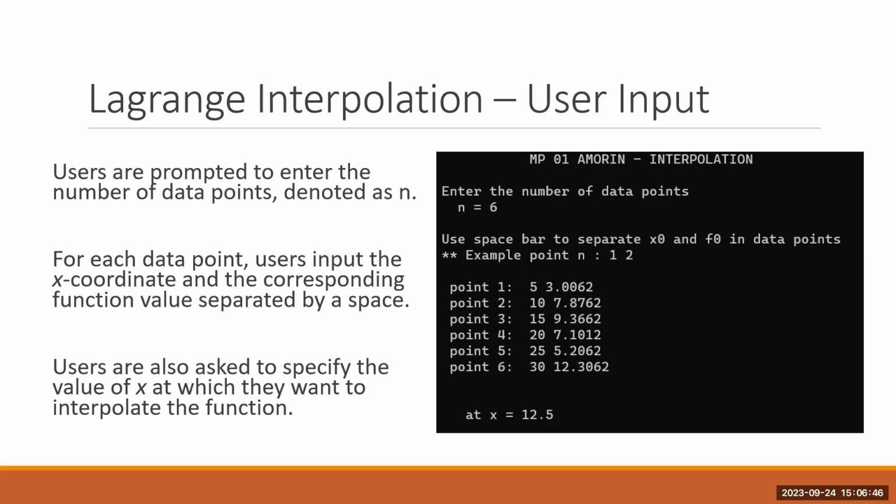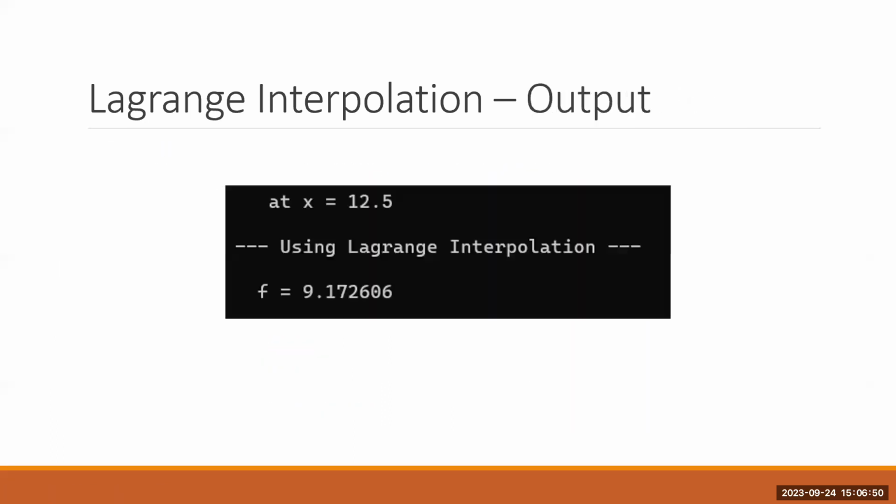In this case, X is equal to 12.5. Here is the output of the Lagrange interpolation. At x equals 12.5, the value of f is 9.172606.